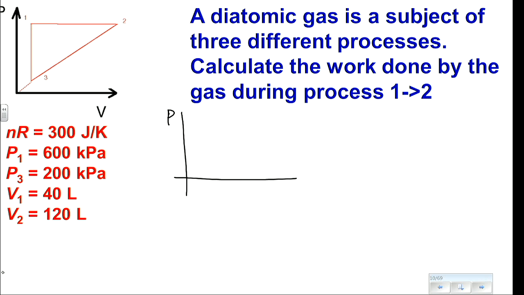Well, again, it is helpful to draw just that single line which represents that single process. Now, what do we know about these two states? Do we know this volume?